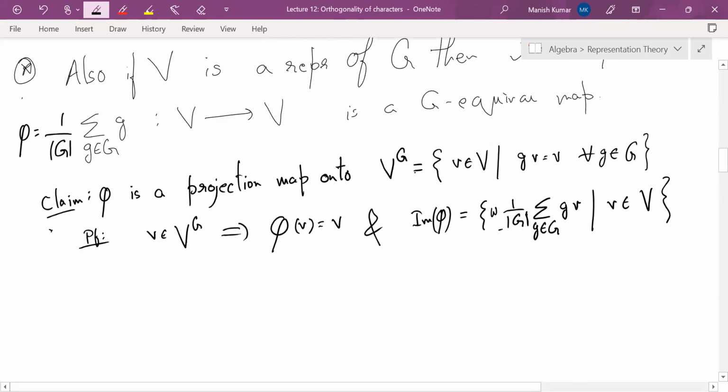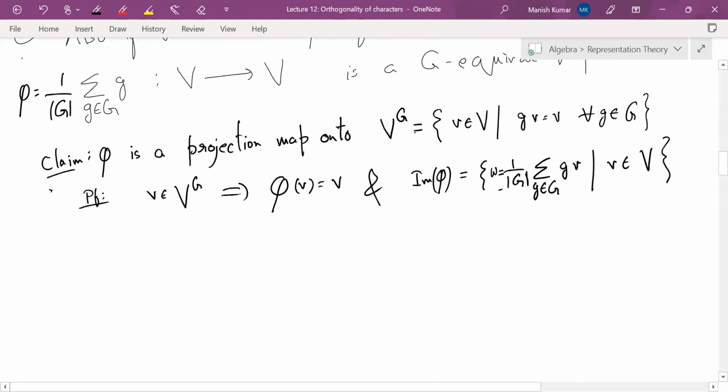So note that g' dot W is just 1 over size of G, and g' is a linear map, so I can just write g'·g v, but this is the same as W, because we are just summing over g'g instead of g.